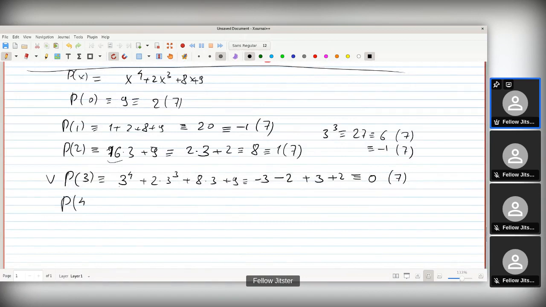4. But what is 4 modulo 7? Minus 3. Exactly. So we have the same as here. Save the signs. Minus twice 27 minus 8 multiplied by 3 plus 9.